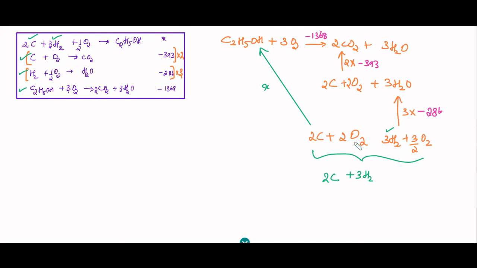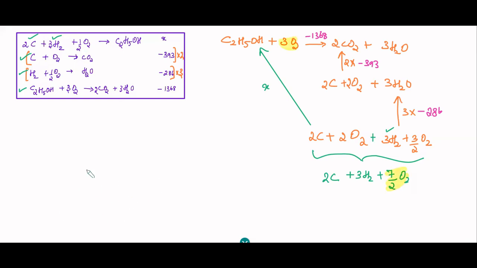From here, this is 2 oxygen, this is 3 by 2 oxygen. So 2 oxygen plus 3 by 2 oxygen, I'll get 4 by 2 plus 3 by 2, which is nothing but 7 by 2 oxygen.